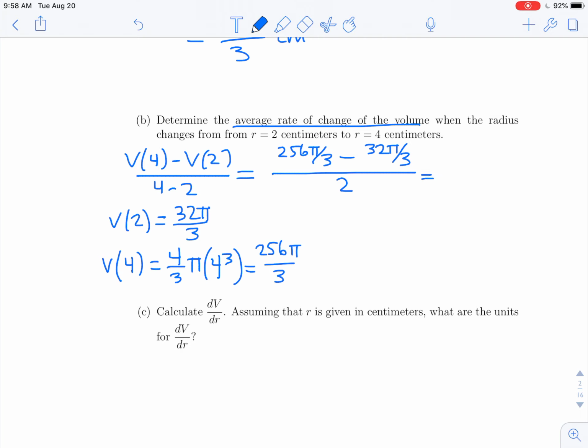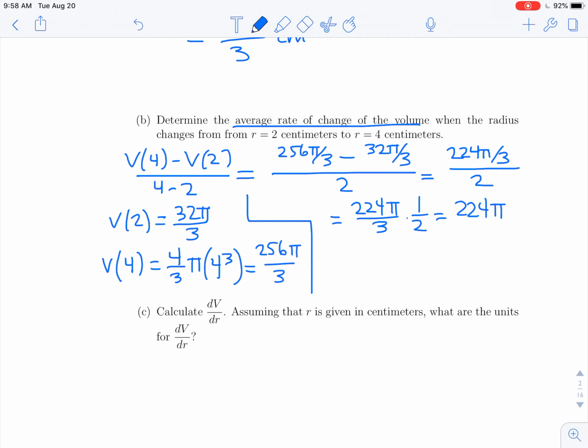I used my calculator to simplify the numerator fractions, combining them to get 224 pi over 3, and that's all over 2. So this is the same thing as 224 pi over 3 times a half, which is 224 pi over 6.